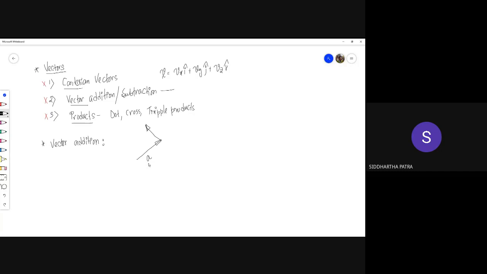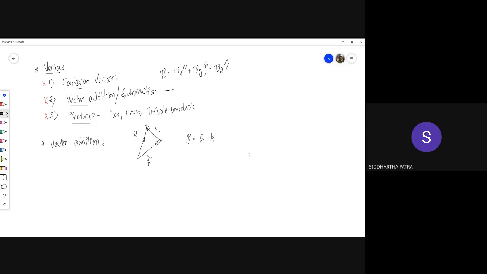If there is a vector A and another vector B, the resultant of that, let's say R, equals A plus B, and that is how you represent a vector addition, and that obeys the triangle law.